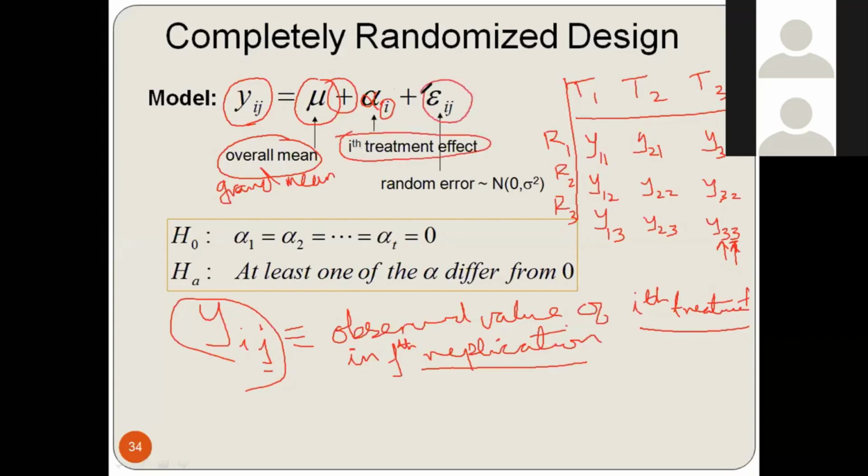Plus this is the random error, EIJ. Random error of the i-th treatment in the j-th replicate. Hereafter, I will write treatment as TRT and replicate as REP. So EIJ means random error of the i-th treatment in the j-th replicate.